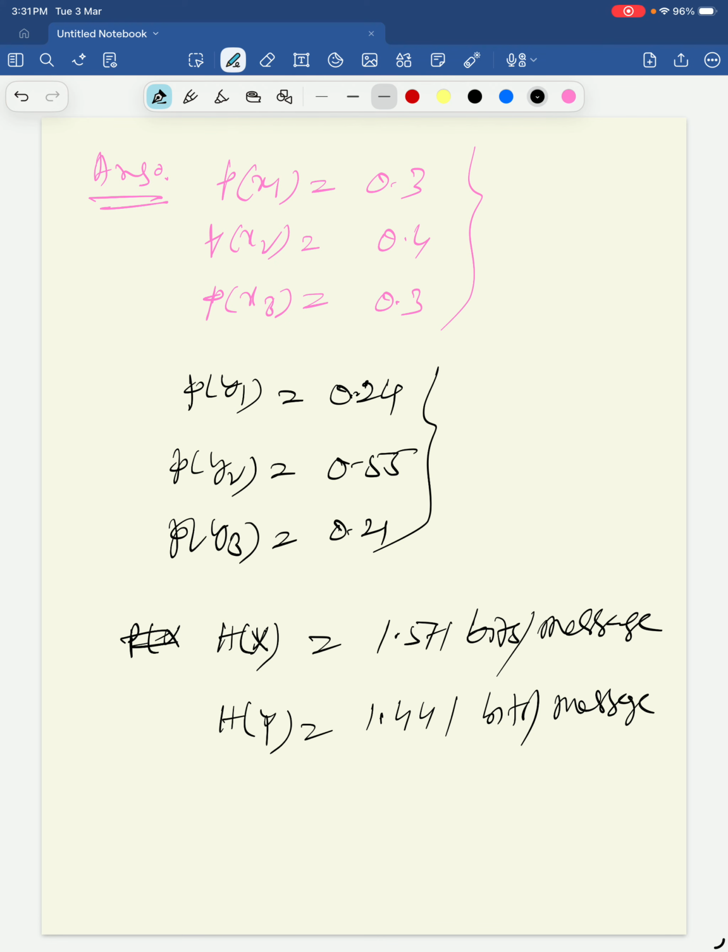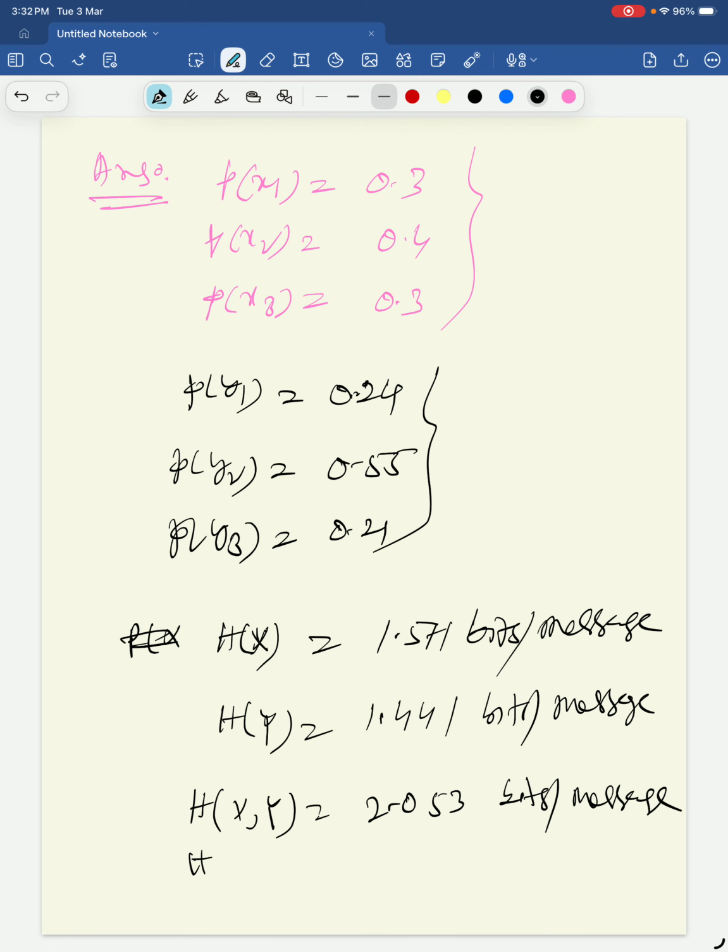Now the joint entropy H of X comma Y will be 2.053 bits per message.